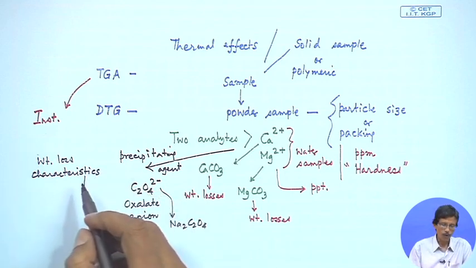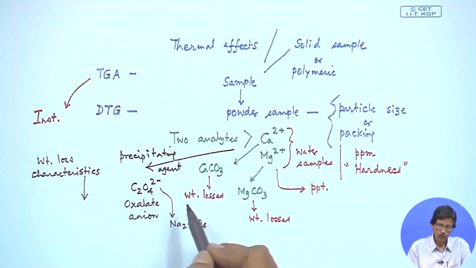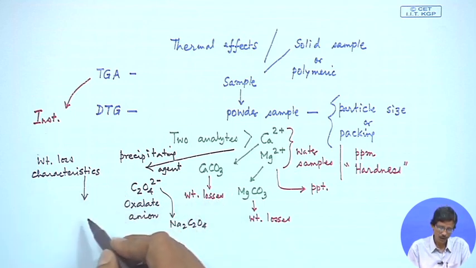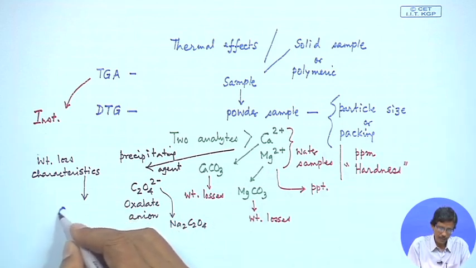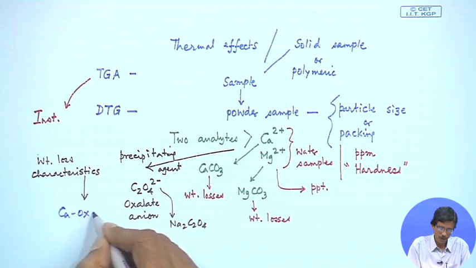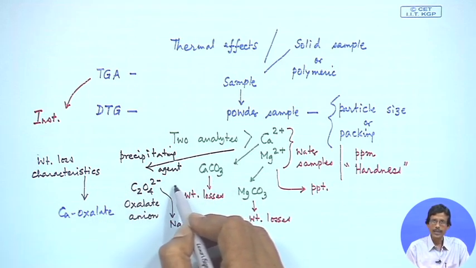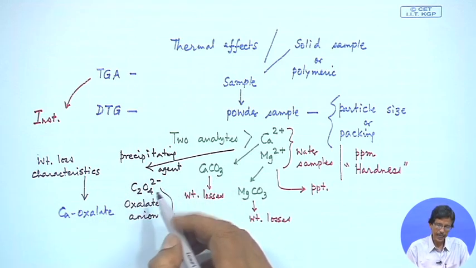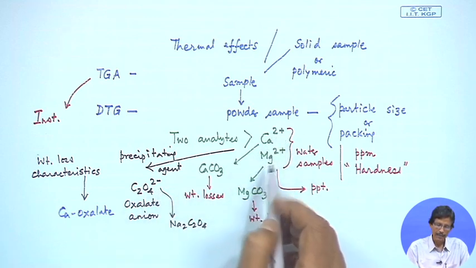This is very important. That means the weight loss characteristic will also be useful to know the nature of our calcium as well as magnesium oxalate, because we have added the oxalate anion as the precipitating agent, and that anion is binding to the calcium and magnesium cations.